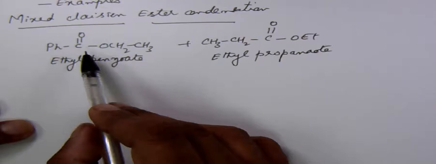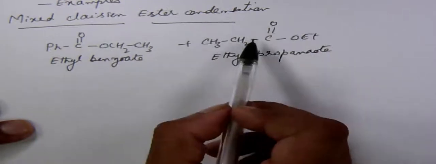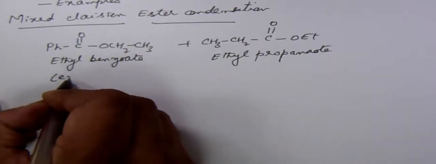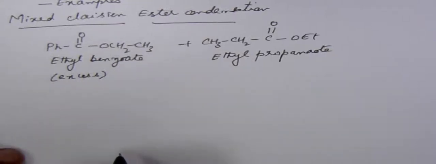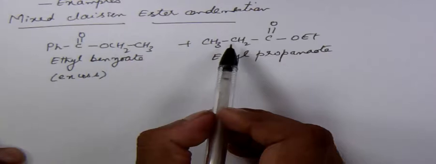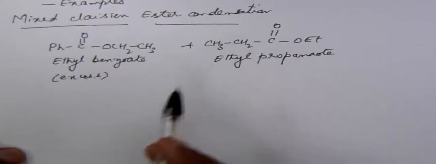Of course there is a possibility that this will combine with itself and then this will combine with this. So we always take the one which doesn't have alpha hydrogen in excess. By taking this in excess, we ensure that the anions of this have a higher chance of meeting this one than meeting one of their own kind.